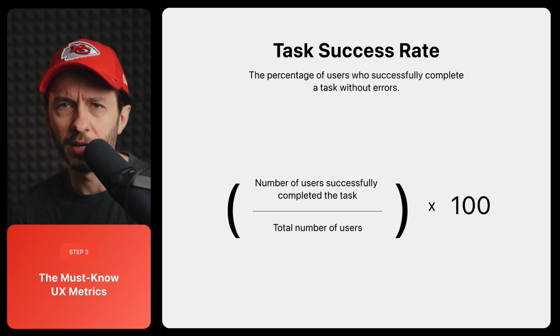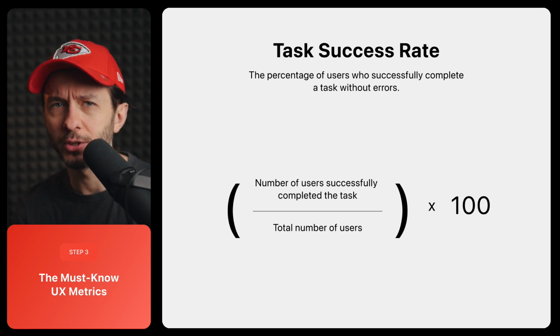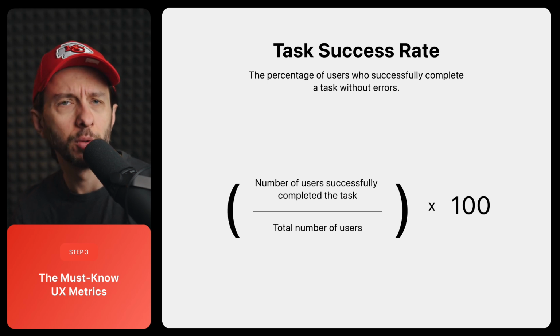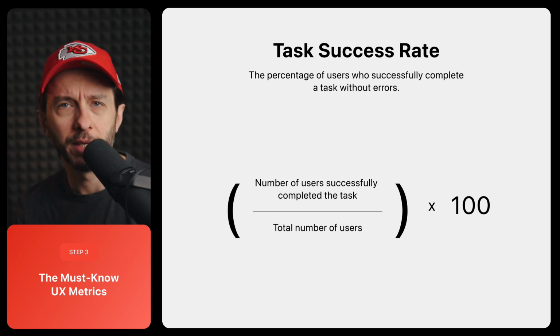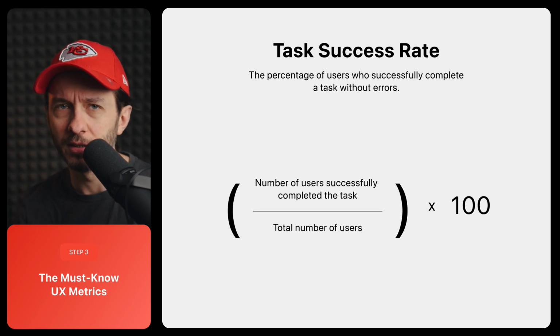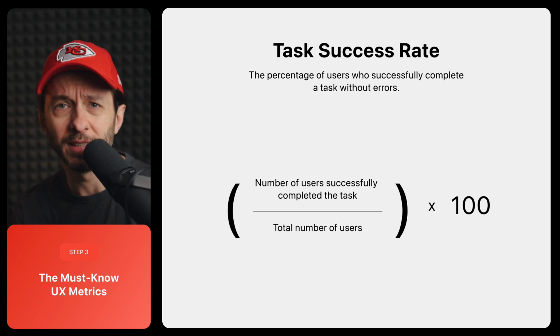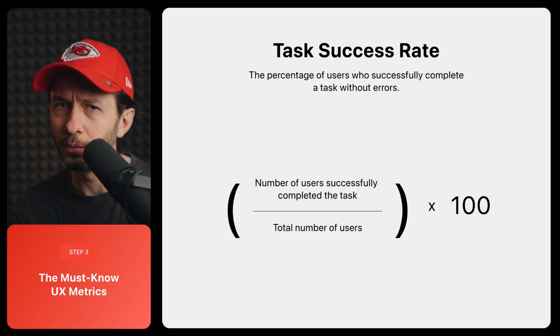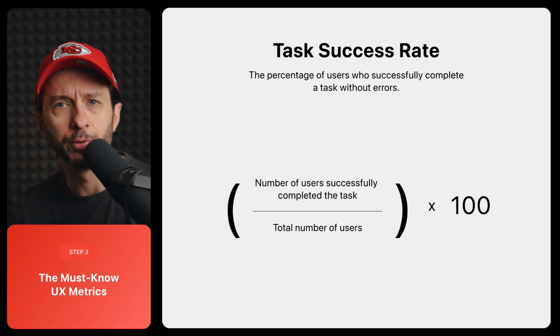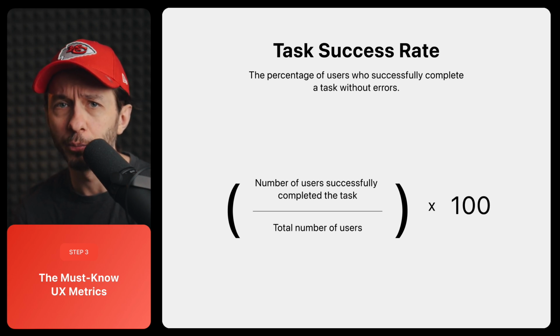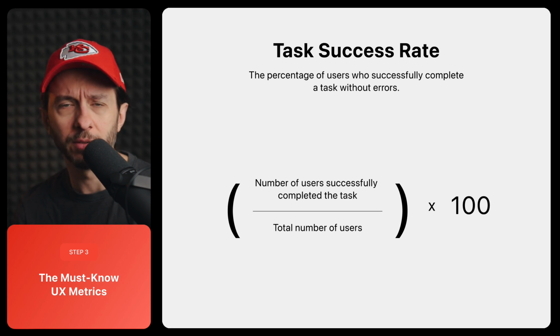Task success rate, the percentage of users who successfully complete a task without errors. Why it matters? A low success rate signals a usability problem. Benchmark, 90% and more is a win. Example, if only 60% of users can complete a signup process, there's friction in the flow.